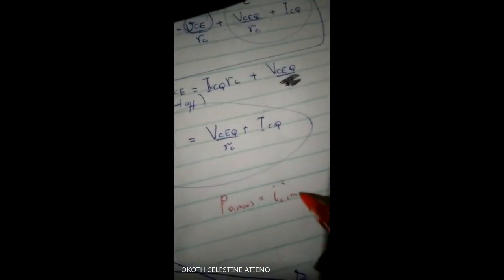Here you're told zero signal collector current of 100. So that's your I naught. So we are saying that P out max is I naught squared RMS, of course max, times Z1. I don't know why they're using Z1. I get it and I don't get it, I'm not so sure.